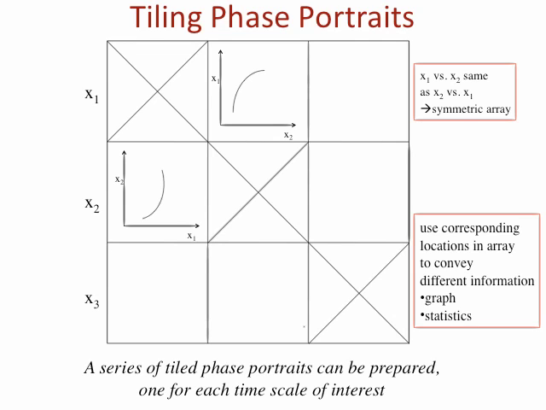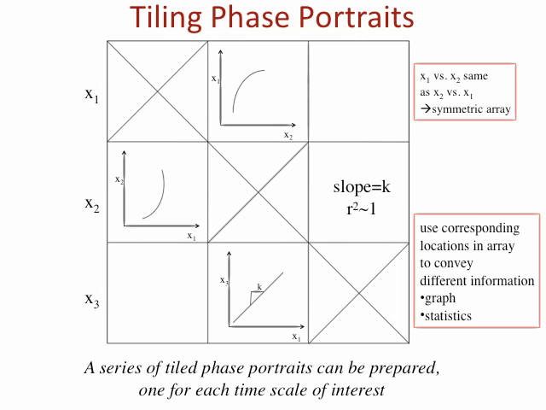So an array of tiled phase portraits like this only has to be filled either below or above the diagonal. That actually gives us an interesting opportunity to represent different attributes of a phase portrait below and above the diagonal in this tiled array.